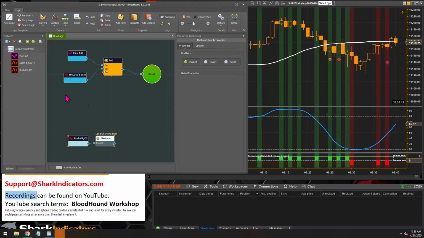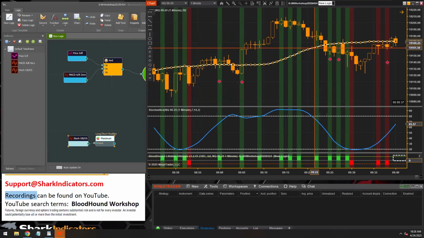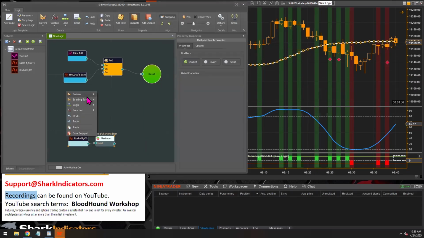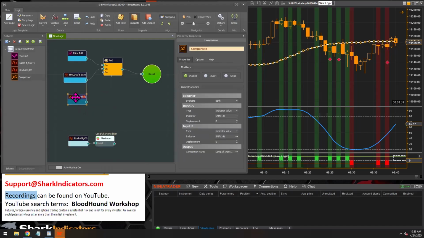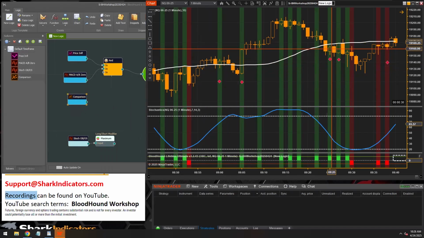Down. All right, so to identify if a bar is touching a moving average, that's going to be a comparison solver. If we analyze it, when a bar is touching, the high price is always above your moving average, and the low price is always below the moving average.